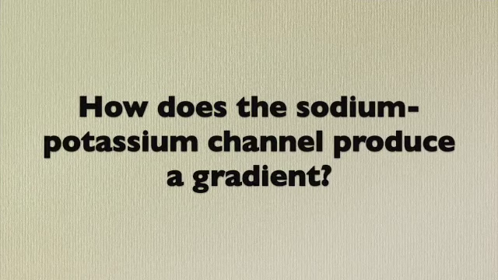We will be looking at a specific channel protein that moves sodium ions out of a cell and potassium ions into a cell. This channel is a sodium-potassium pump that creates a concentration gradient. How does the sodium-potassium channel produce a gradient? The sodium-potassium pump creates a concentration gradient by actively pumping sodium ions outside of the cell and actively pumping potassium ions into the cell.